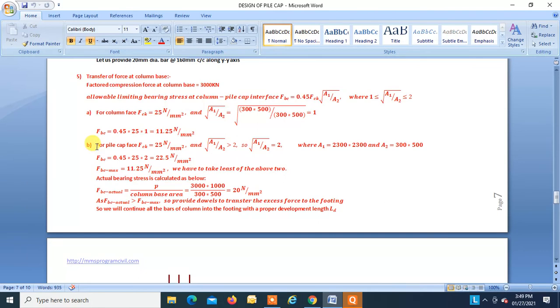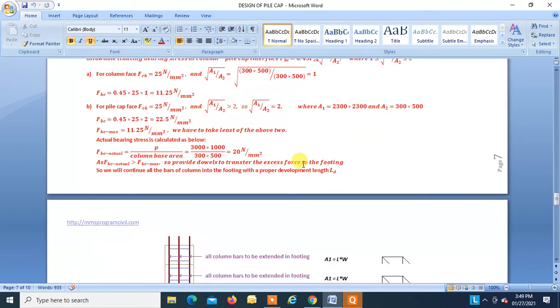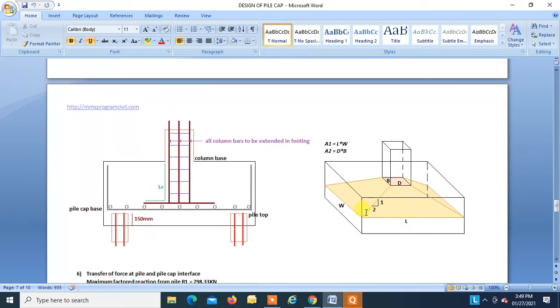Now the second case, where we will find the bearing stress which the pile cap face can take. So fck is equal to 25, and under root A1 by A2: over here, you have to draw a frustum, with vertical taken equal to 1 and horizontal taken equal to 2. So you will get a frustum in the pile cap.